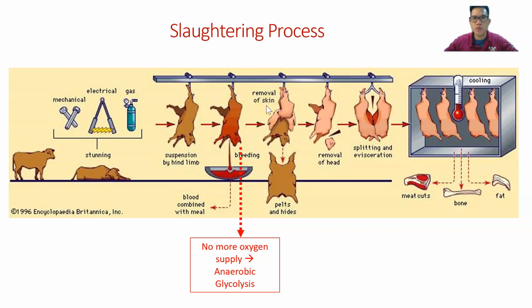The skin will be removed, then they will chop off the heads and split the carcass into half, and then they will go through a chamber where the conversion of the muscle to meat will happen before the meat is distributed out to the food outlets.